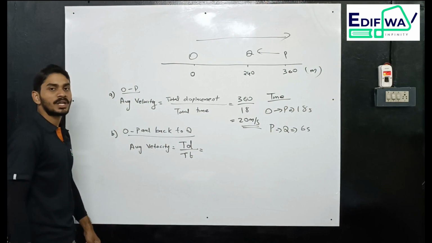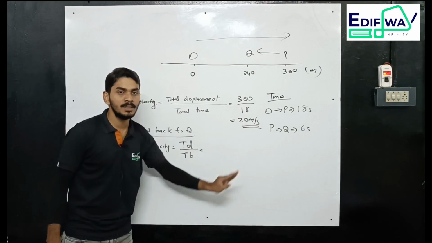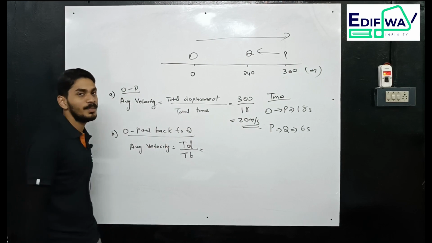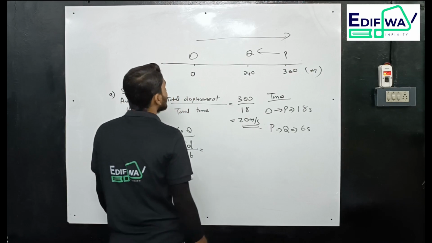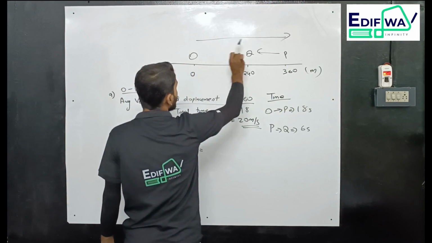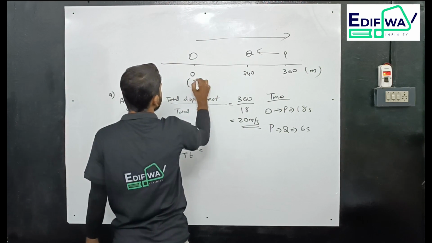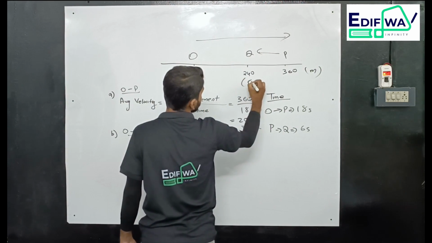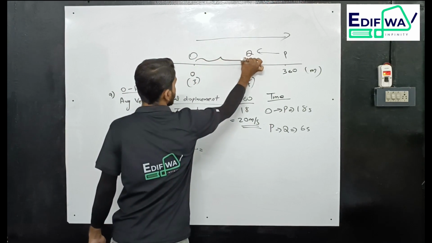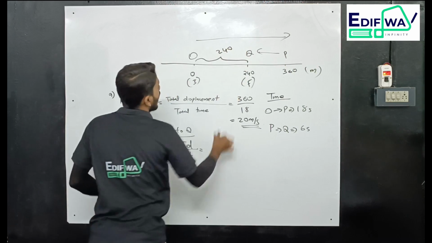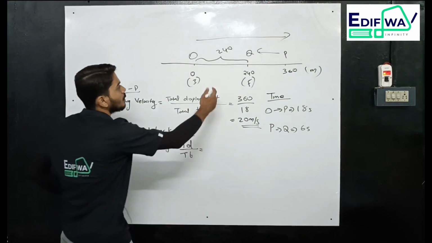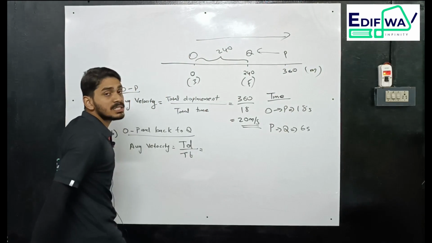While you are writing in the notebook, you have to write it completely, but for time saving I am just making it short. You can find the displacement in two ways. This is the initial position and this is the final position. So the displacement is 240, and since you are measuring in the right direction, that is taken to be positive. If you are measuring the displacement to the left, it should be considered as negative.